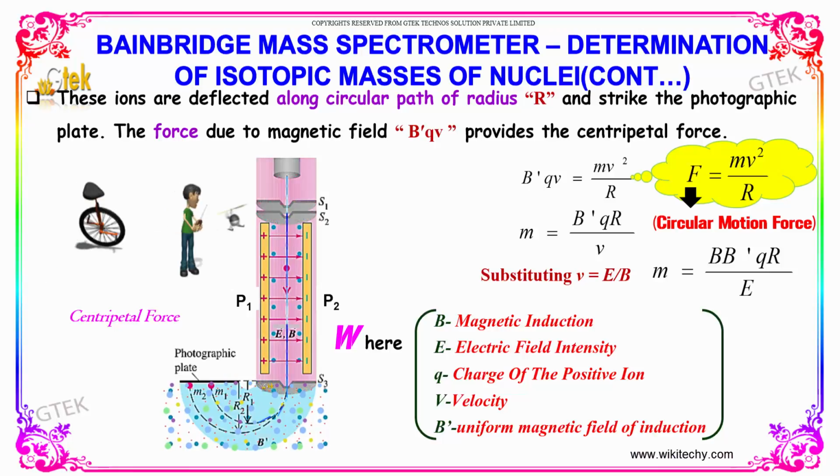The force due to the magnetic field B dash QV provides the centripetal force.